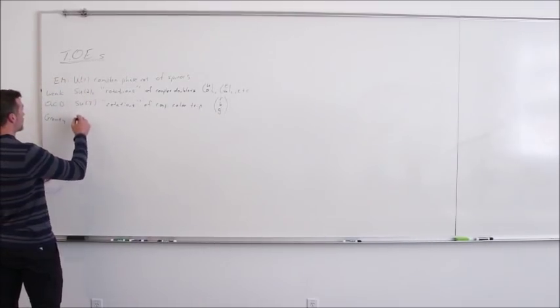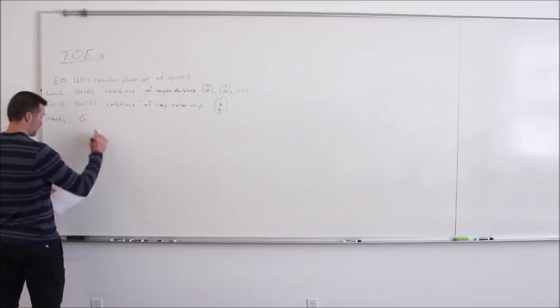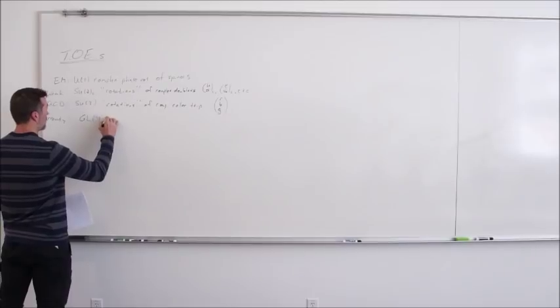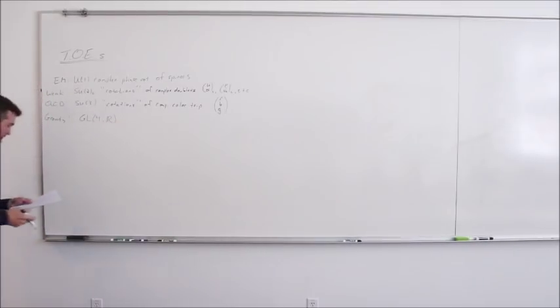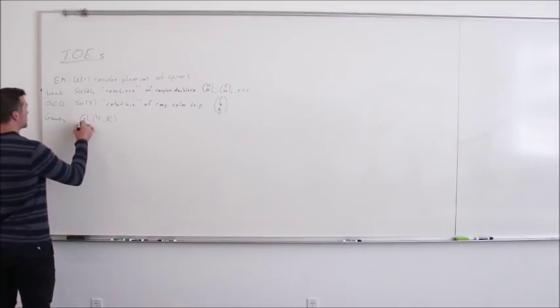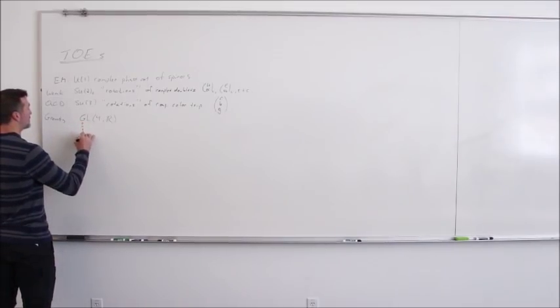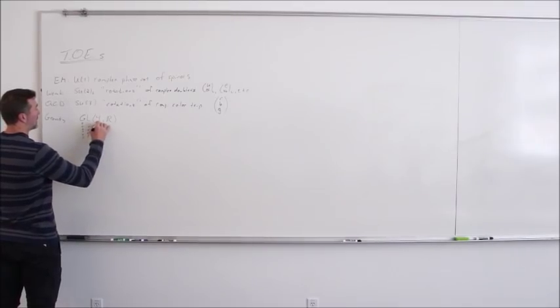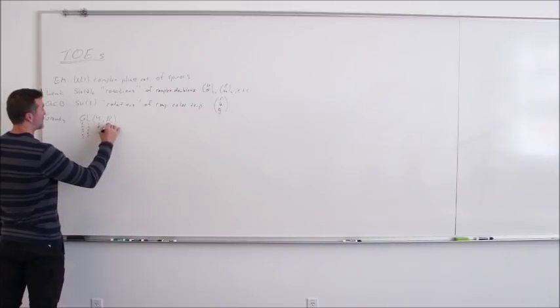And for gravity, what we have is invariance under GL4R, where this stands for the general linear group in 4 dimensions with real coefficients.